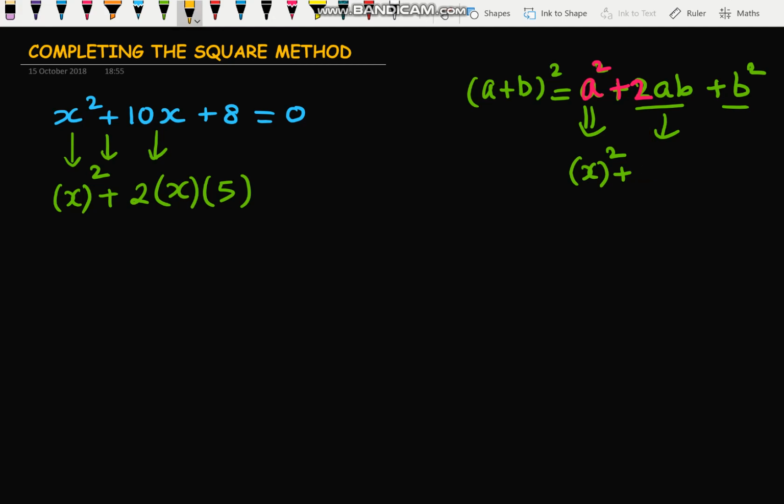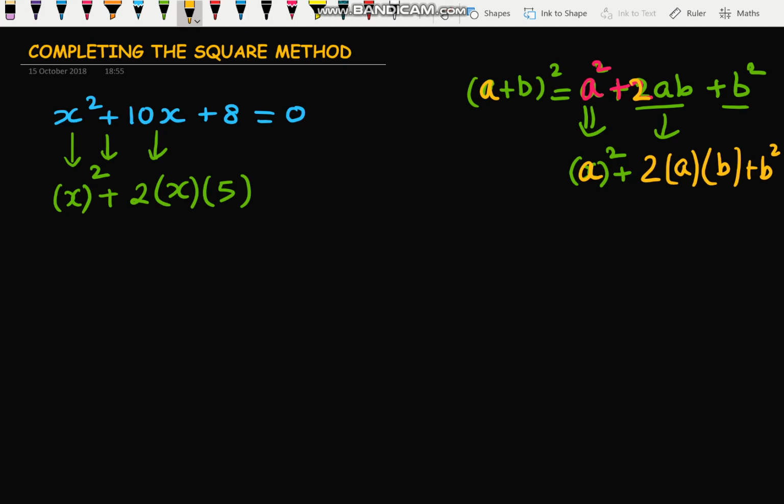It's written 2 into first term into second term. Here a is my first term, I could have written a here, and b is my second term, I could have written b here, and this is my first term a square. Now this equation on the left hand side, x square plus 10x plus 8, I am trying to write it in the form which will eventually look like a square plus 2ab plus b square, right?